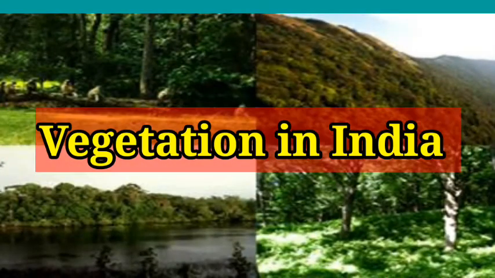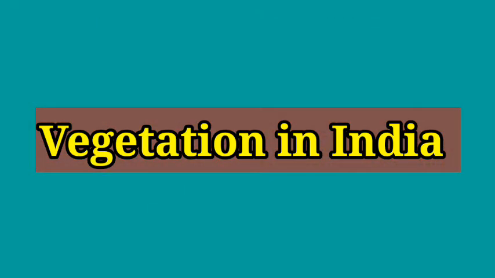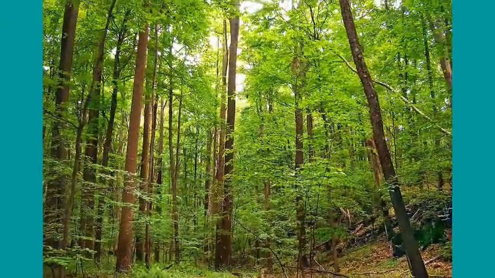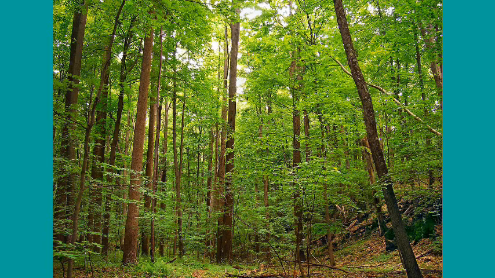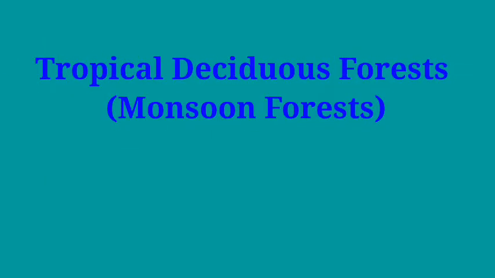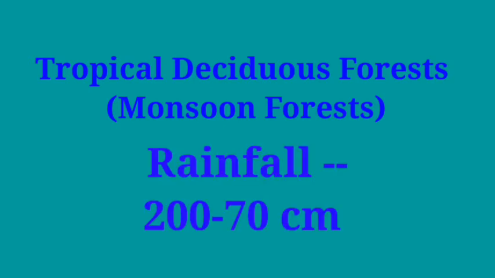First of all, we'll discuss what kind of vegetation is found in this area. The vegetation cover of the area varies according to the type of landforms. In the Ganga and Brahmaputra plain, tropical deciduous trees are found. Means tropical deciduous forest, also known as monsoon forest, spread over the region receiving rainfall between 200 centimeter and 70 centimeter.